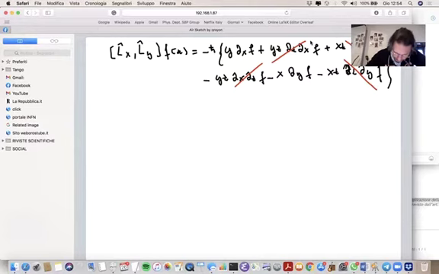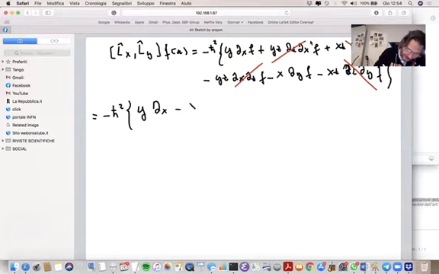And if you do, you end up with the following result. Negative h bar squared, y dx negative x dy of my test function.